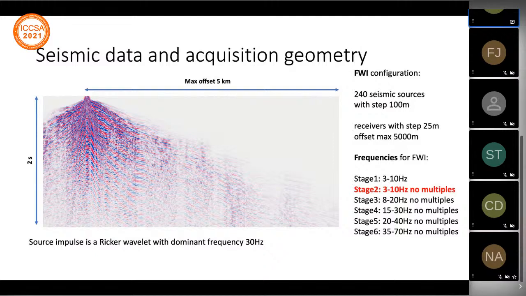Namely, from 3 to 10 Hz, from 8 to 20 Hz, from 15 to 30, from 20 to 40, and finally from 35 to 70 Hz. The starting velocity model for each frequency group is the velocity from the previous FWI run. For example, the output of FWI for the range from 3 to 10 Hz is an input for 8 to 20 Hz FWI, and so on.